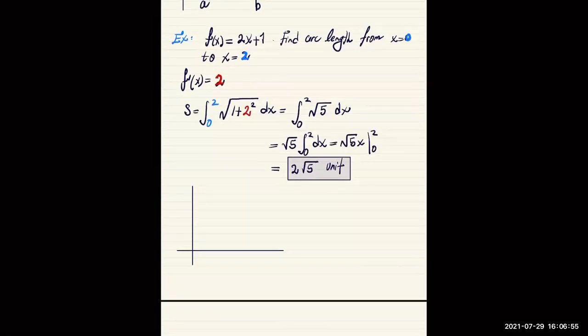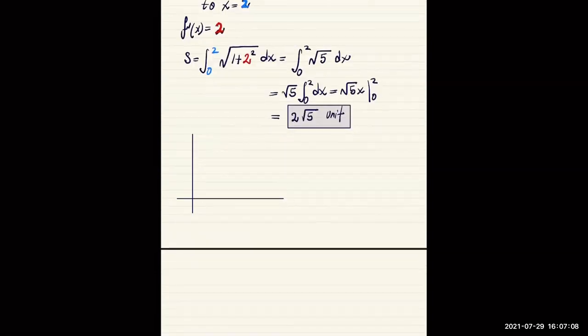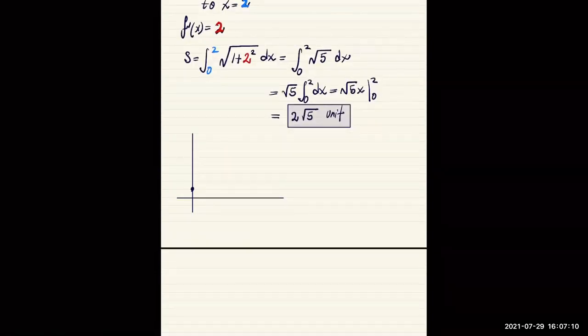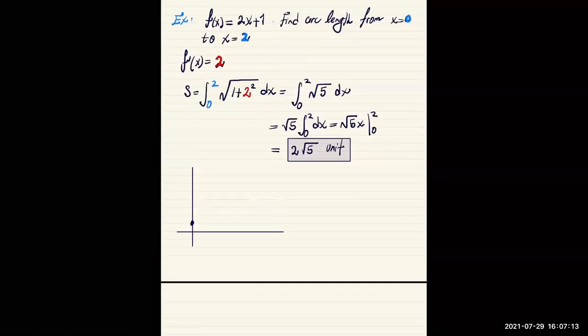So when x is 0, again, you don't have to check on the test or for homework, but I just want to make sure you guys understand what's going on. When x is 0, plug 0 into your function, you get 1. So (0, 1) is a point on this line. And then plug 2 into your function, you get 5. So when x is equal to 2, we get 5.